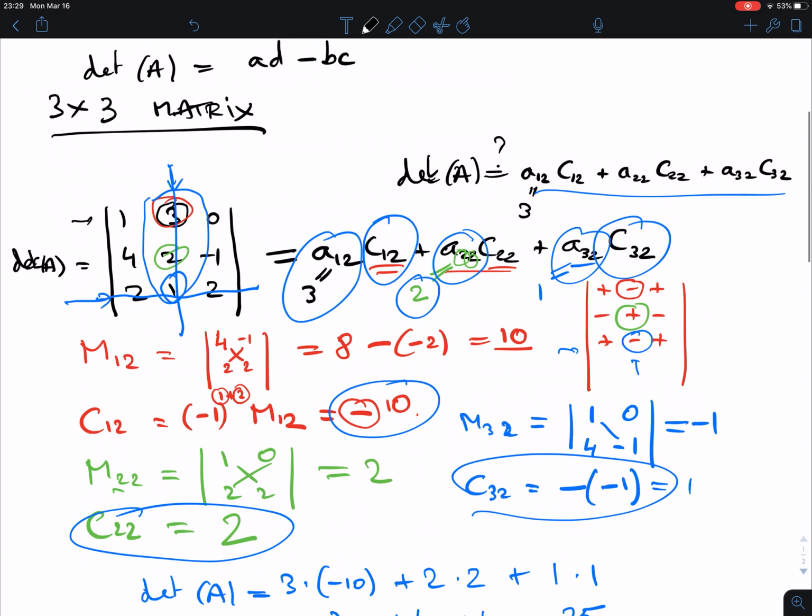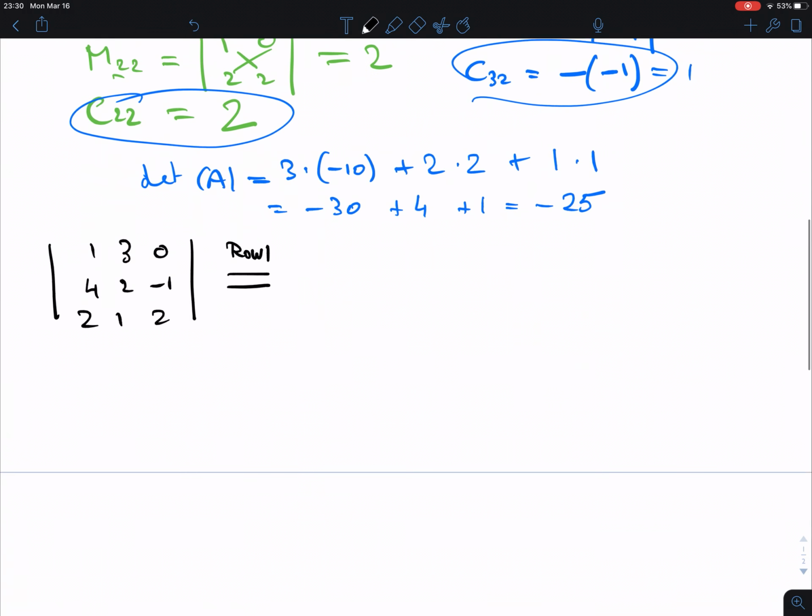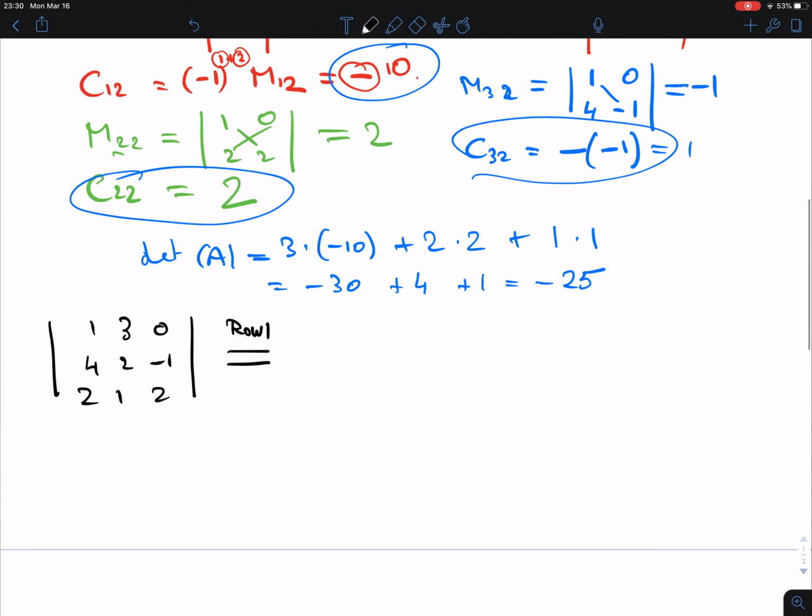Let's go back. I used column 2, right? You notice that all the 3 elements that I was looking at were from column 2. Column 2, sorry about that. But now I'm choosing something totally different. You see, it really doesn't matter what I choose.